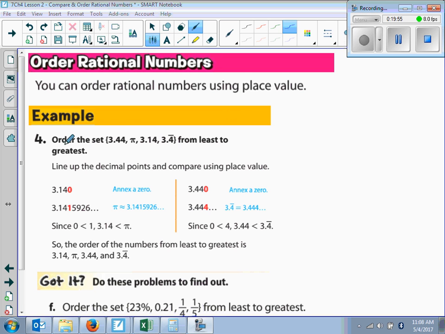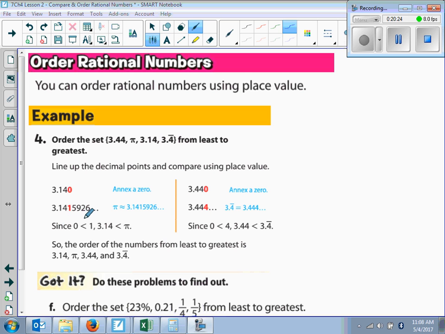So here, you see how these are pretty close together? When you put them in order from least to greatest, you are going to make them all the same place value. So here we've got 3.44, we've got pi, 3.14, and 3.4 repeating.